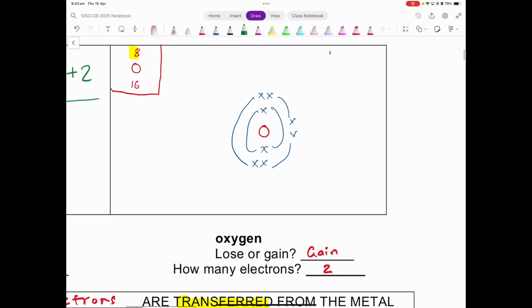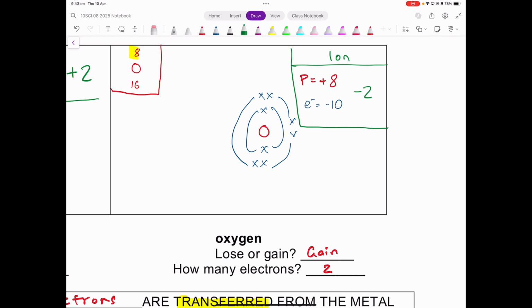Can you work out what the ion is going to be for me? In oxygen, we have 8 protons, so 8 positives.